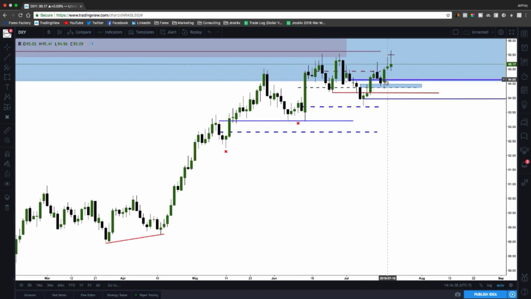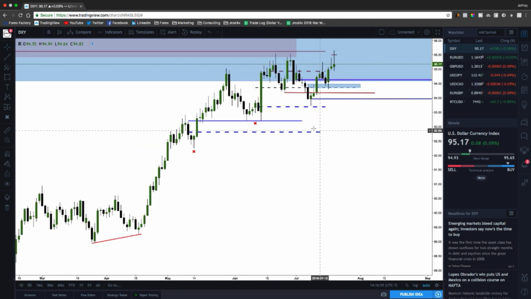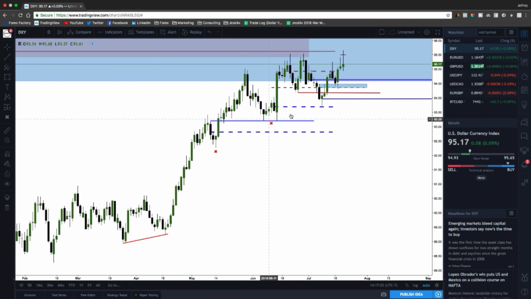So again, daily time frame, we want to see this low break because we are anticipating that dollar index could get weak, because the seasonal tendency is bearish. Basically what that means is around July, August, if you look at previous data, dollar index is usually bearish.